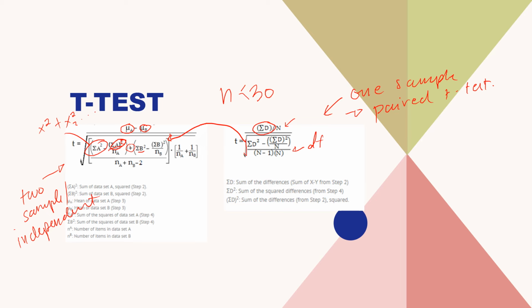N minus 1 times n. This would also be our degrees of freedom, so NA plus NB minus 2. And this degrees of freedom is going to be useful when we are trying to determine the critical value of T. So that would be the formula for the t-test that we're going to be performing in our midterms.